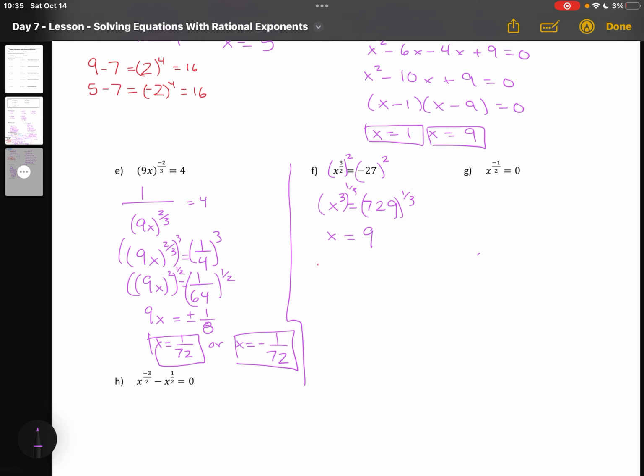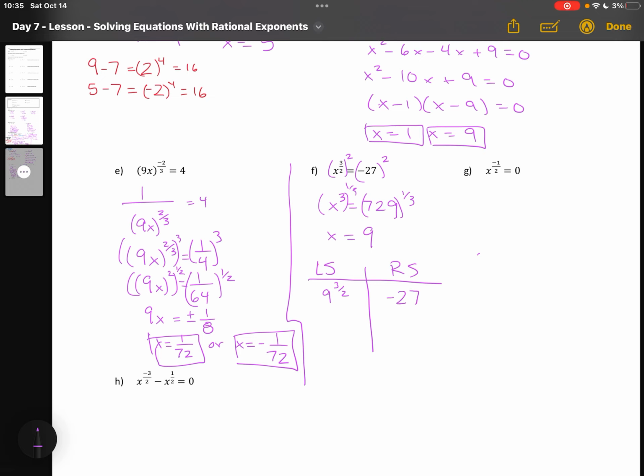So this, looking at it at first glance, would tell me that I have a solution, but I'm noticing that my x value is positive. And let's do a check and see what happens. So my left-hand side, I've got 9 to the 3 halves. On my right-hand side, I've got minus 27.